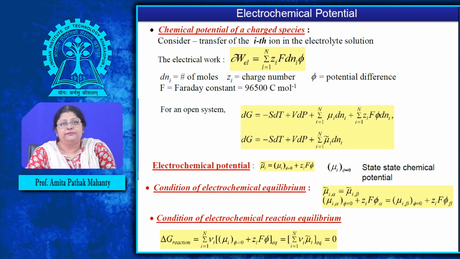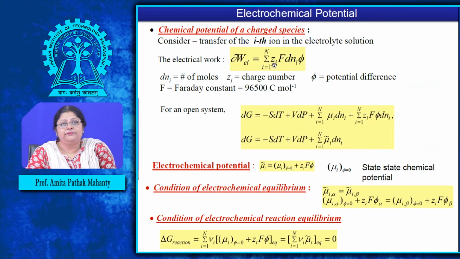So if I have to measure the total charge change in work, it is the number of moles of the species which is changing, which gives you the total number of electrons, into the Avogadro number, F, into the potential difference. So work done is the total charge into the potential difference. This is the total charge and this is the potential difference.